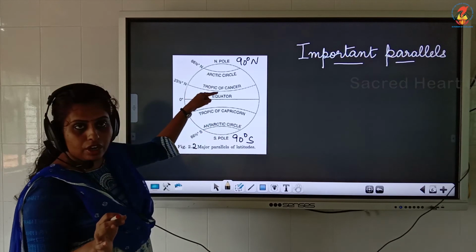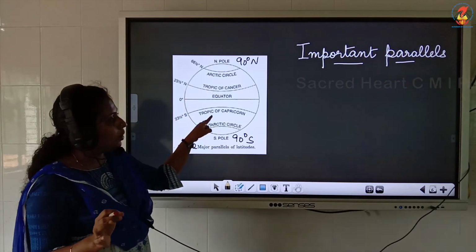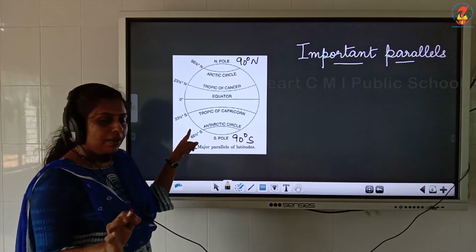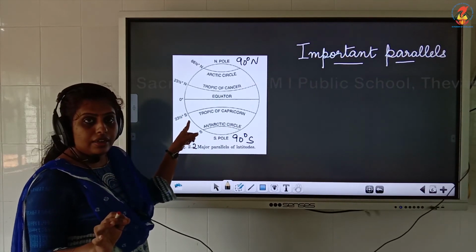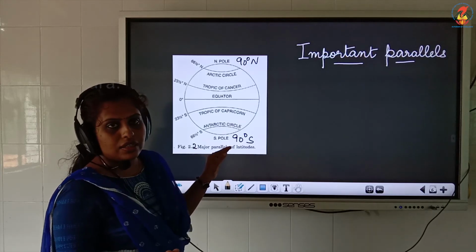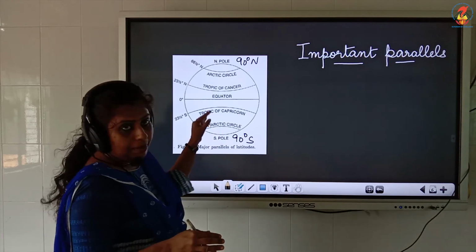If we have Tropic of Cancer here, we have Tropic of Capricorn here with 23.5 degree, the same value, but the side is different, it's south. The next parallel we have is Antarctic Circle here with 66.5 degree south. Okay, so these are the important parallels. There are other parallels also, but these are the main parallels.